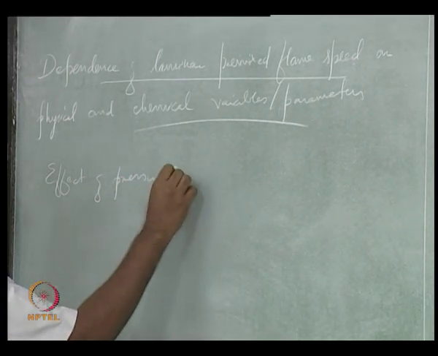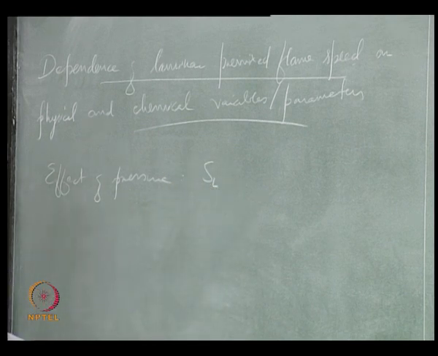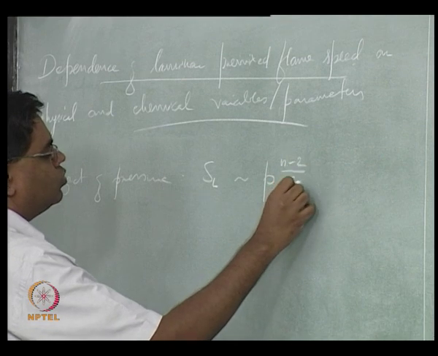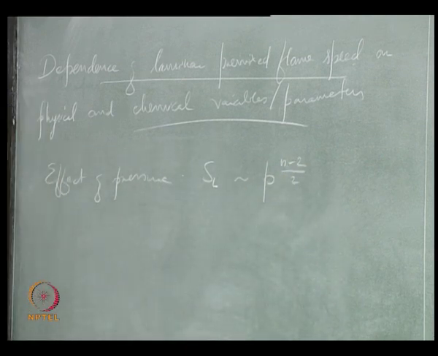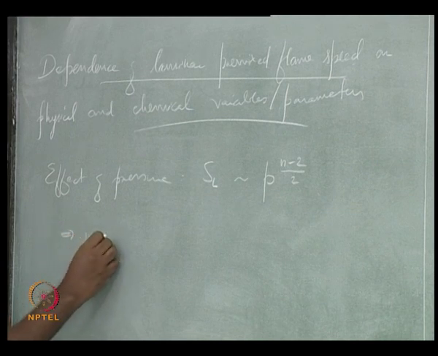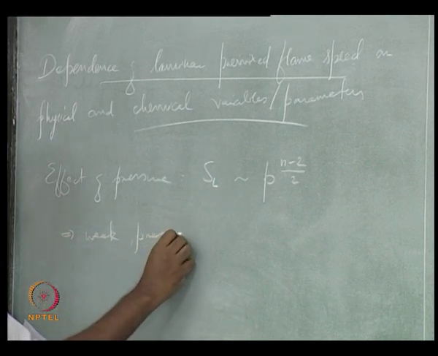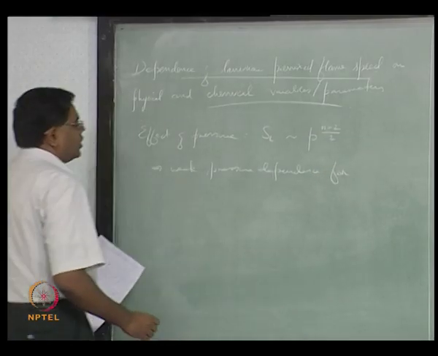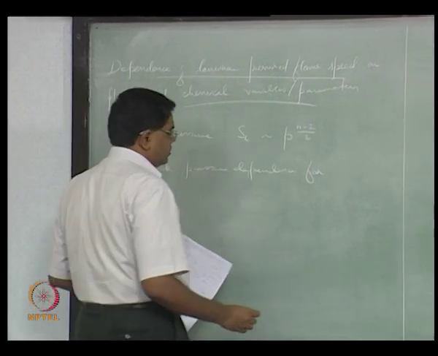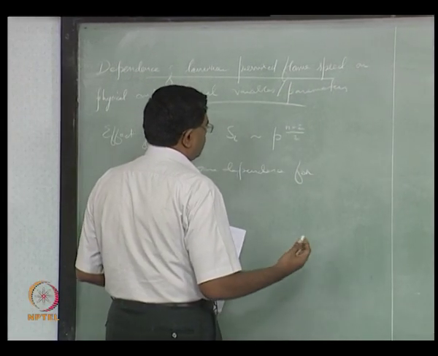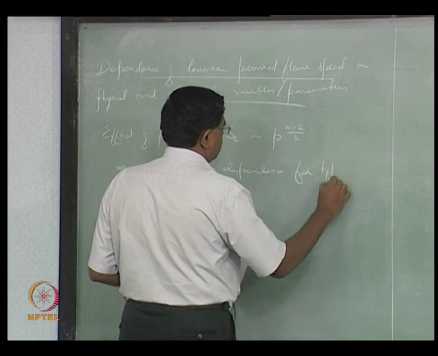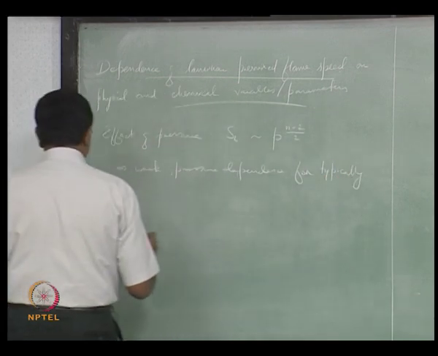What we found was, for an nth order reaction, for let us say a global reaction, the flame speed goes as p to the (n over 2 minus 1), which basically gives a weak pressure dependence for typical hydrocarbon oxidation combustion reactions with a global order close to 2, so typically second order reactions.